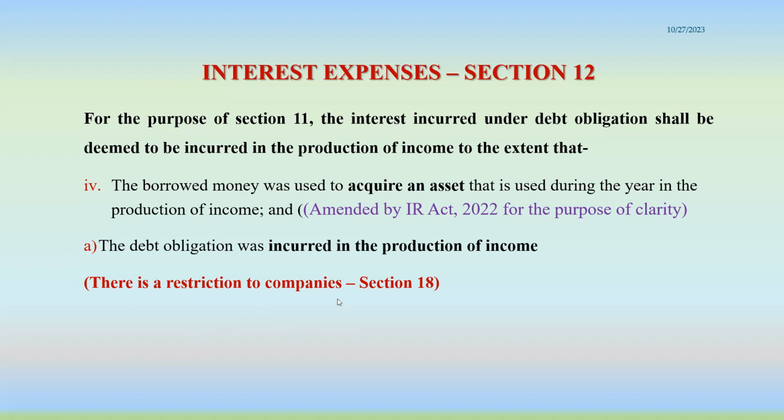But in the case of a company, if they pay interest, we use not section 12 but section 18, because it says the most suitable provision should be applied for an expenditure. Therefore, for a company, we have to refer to section 18 to check whether that interest expenditure is allowable as a deduction or not. But for an individual or a partnership, we can use section 12.